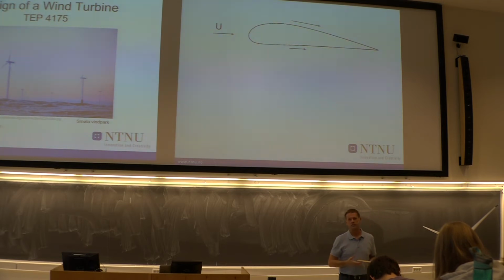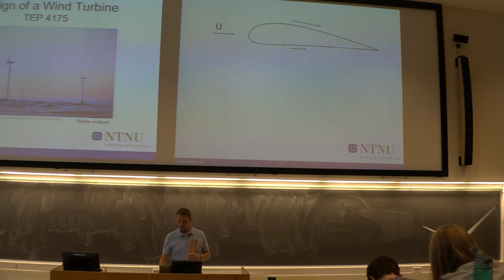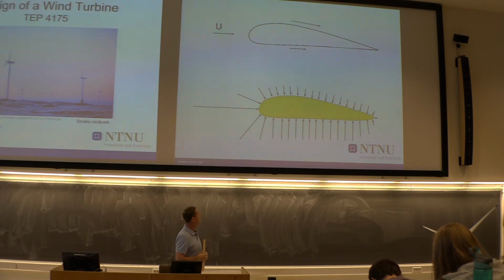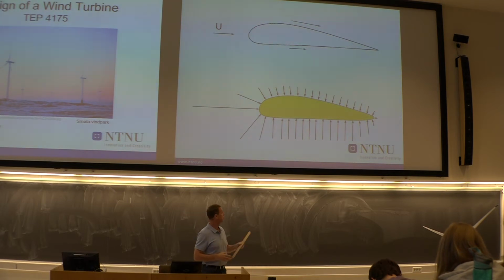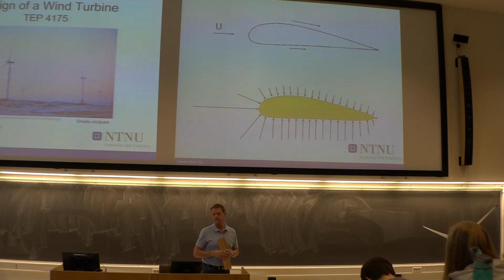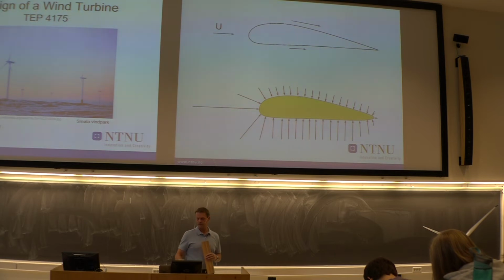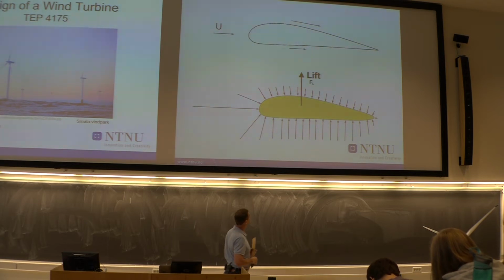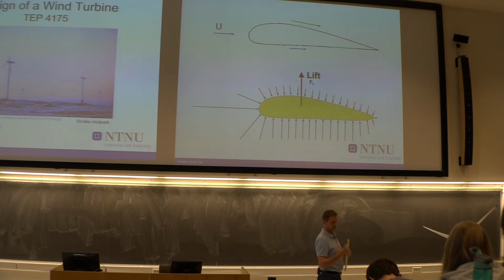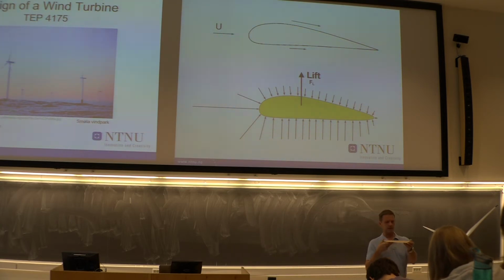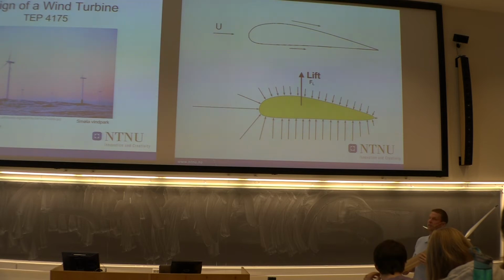And that's the whole trick. So you will find a pressure distribution that could be like this. And the summation of the pressure on this blade or airfoil will give you a lift. That's a force.